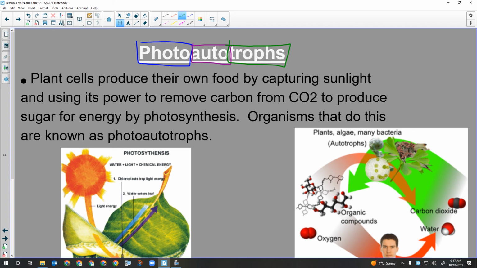It's these two modes of nutrition that keep the carbon cycle going. With photosynthesis, we take carbon dioxide and water and split them apart. That's what the energy from the sun does, and then they are put back together as glucose and oxygen.